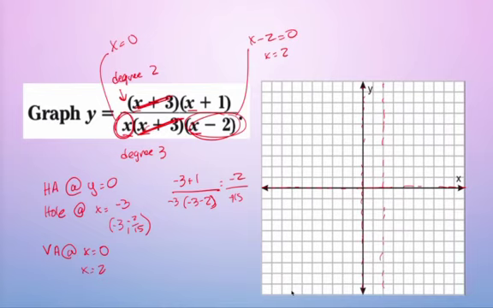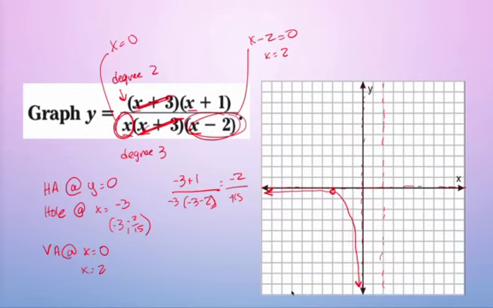We know at negative 3 the function is negative. So at negative 3 we've got a hole right there. So the function is going to approach the asymptote here and is going to approach the asymptote down here.